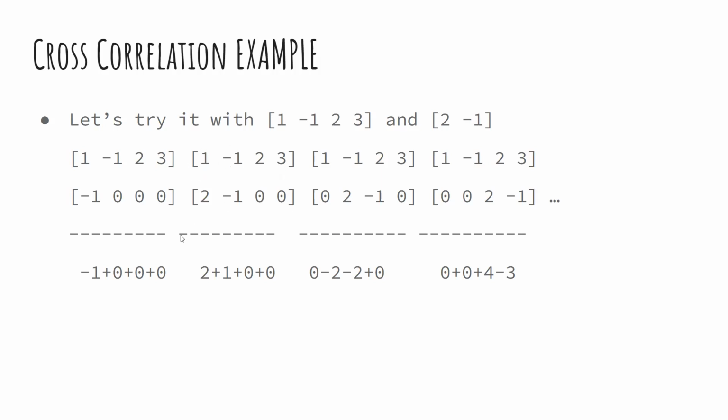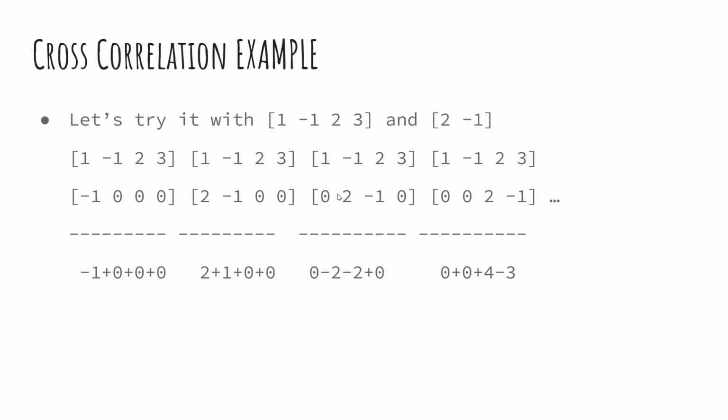We have 1, -1, 2, 3 and 2, -1, 0, 0. We align 2, -1 with the beginning of the received data, and fill the rest with zeros as the default. Then we compute the dot product. 1 times 2 gives us 2, -1 times -1 gives us 1, 2 times 0 is 0, 3 times 0 is 0. We add them up, and that gives us 3.